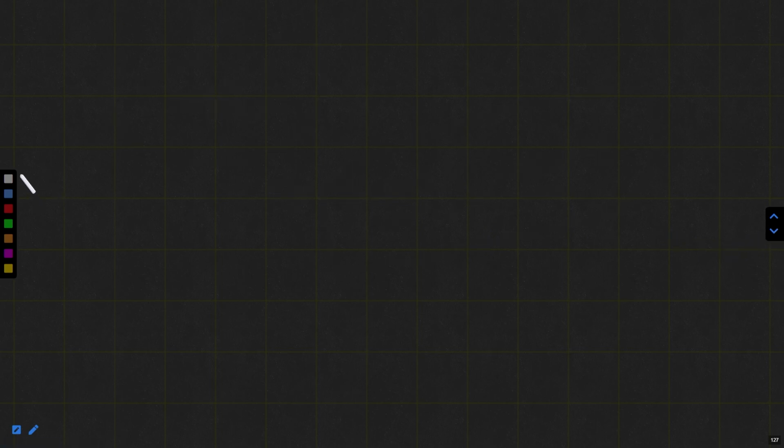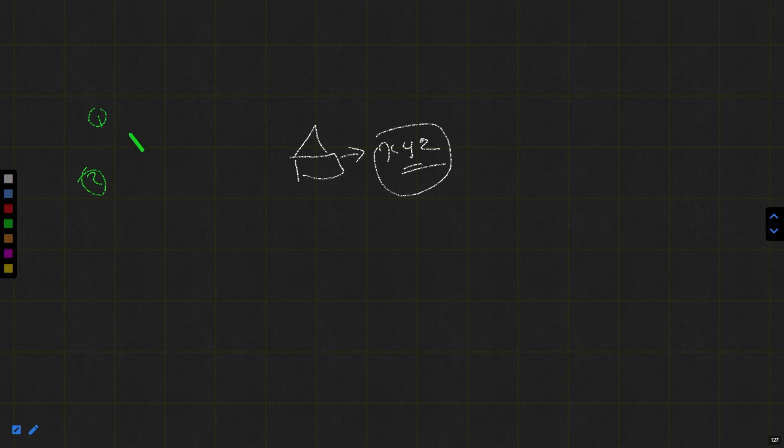Suppose this is the bank named XYZ. What is the basic function of a bank? There are two basic functions. The first function is to accept deposits.